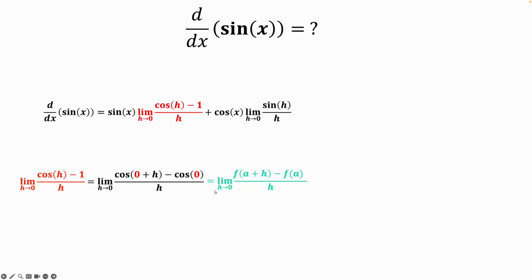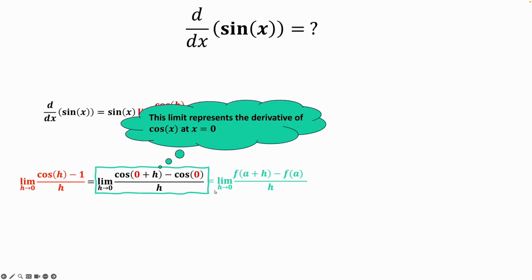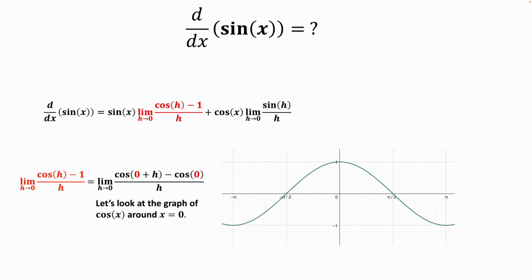It's the derivative of cosine evaluated at 0, which graphically we can imagine to be the slope of cosine at 0. So let's go look at the graph of cosine. Here's our graph of cosine, and if we just hyperfocus on what's happening at x equals 0, there is your slope up top on that maximum. But the more you think about it, I'm sure you can see that's clearly 0, right?